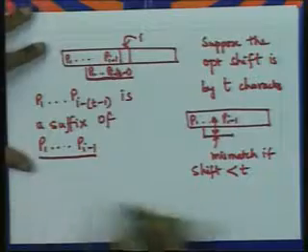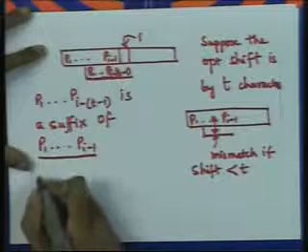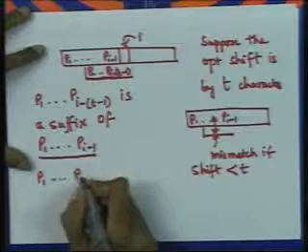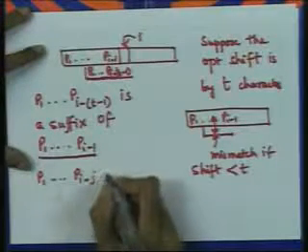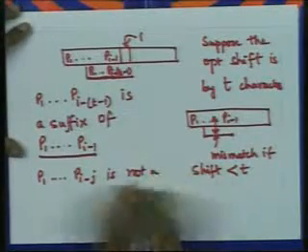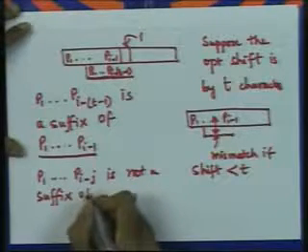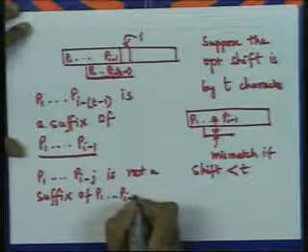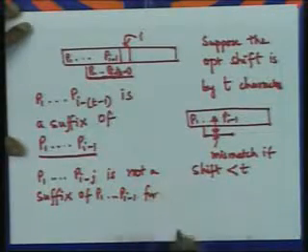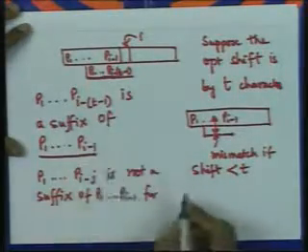And because there's a mismatch somewhere here, we also know that P1 through Pi minus, let's say, j is not a suffix of P1 through Pi minus 1 for values of j which are smaller than t minus 1.